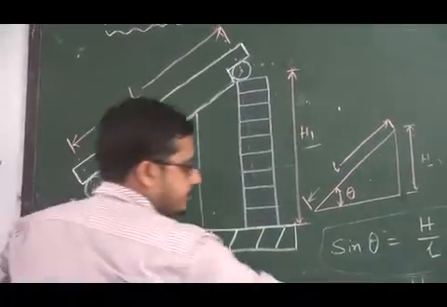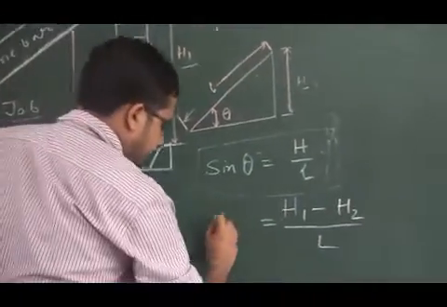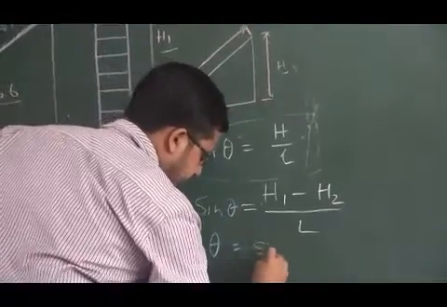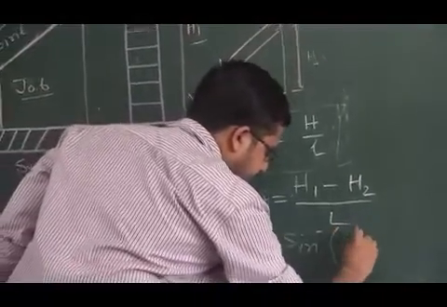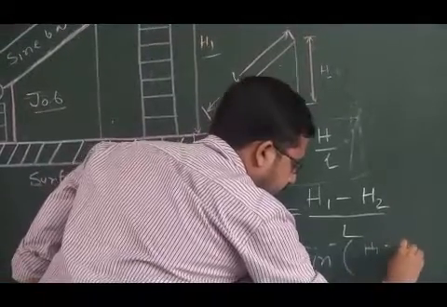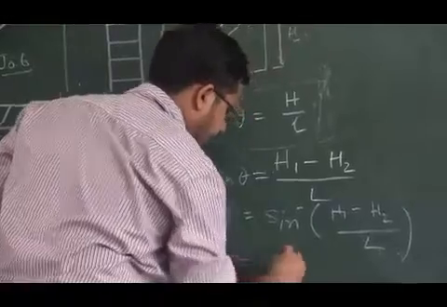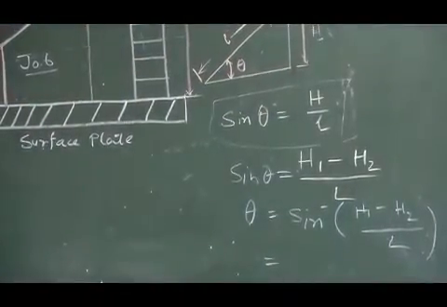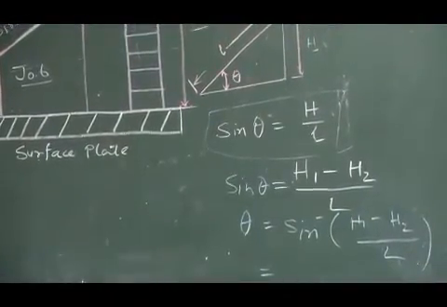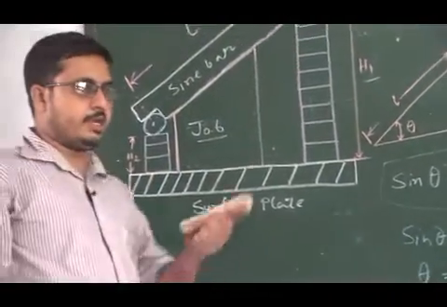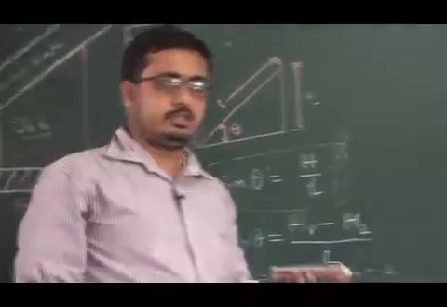By this we take the inverse for theta, which is theta equals sin inverse of (h1 minus h2) by L, and we get the angular value of the object or job. Here it is a surface plate, and we can see a practical example of this.